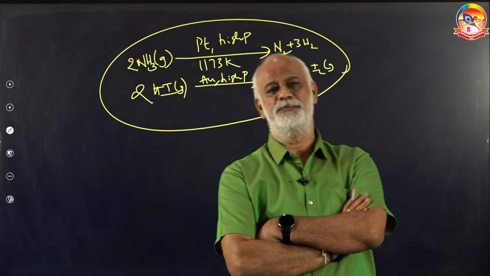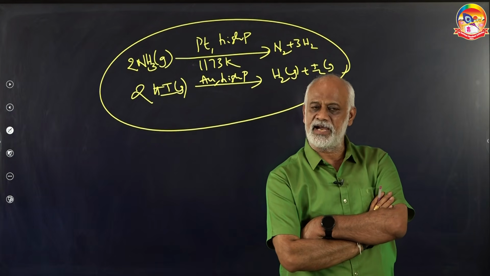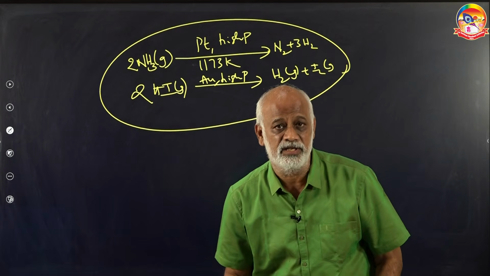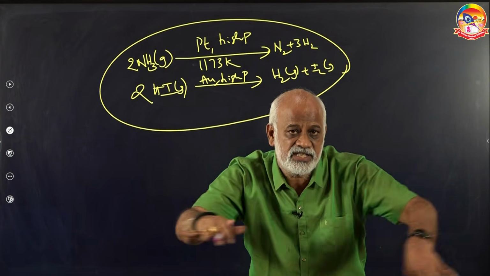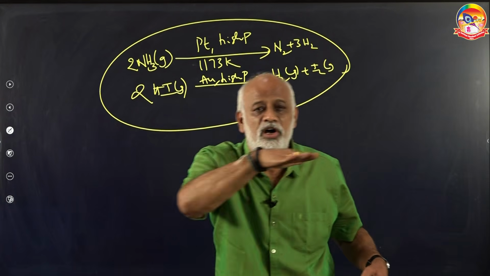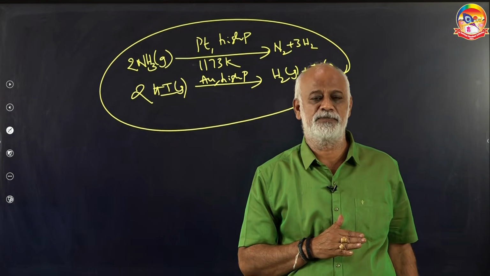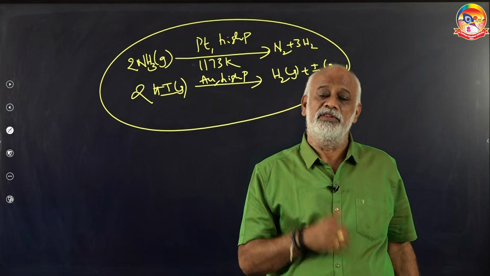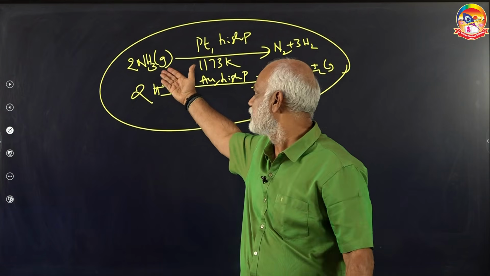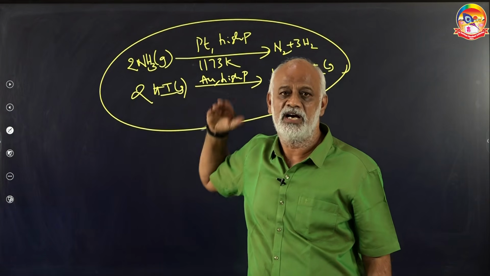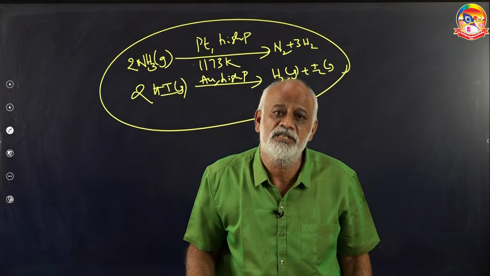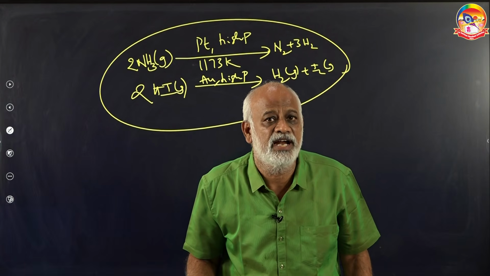Decomposition of a gaseous species on a metal surface at high pressure is an example of zero order. Why at high pressure only? The gaseous species get adsorbed on the surface. When the pressure is high, almost all the surface will be covered by the gaseous species. Then even if you increase the concentration of the gaseous species like ammonia or HI, there is no surface available for these molecules to get further adsorbed.